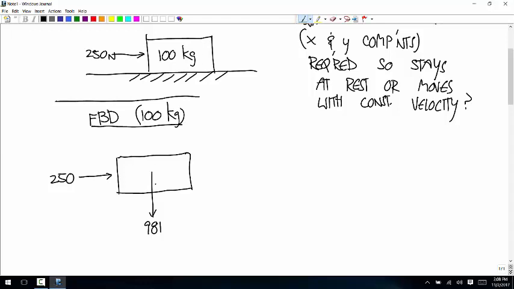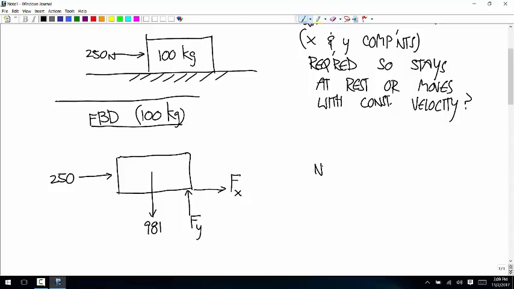We don't know the x component or the y component. So I'm going to write that as a y component. I'll call it Fy. That's in the positive y direction. And then x component, Fx, that I'll just put in the positive x direction. And we'll just calculate both of those two components.